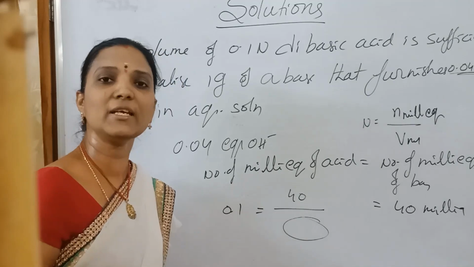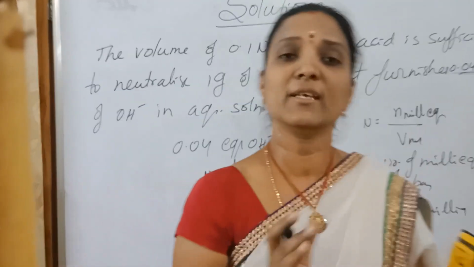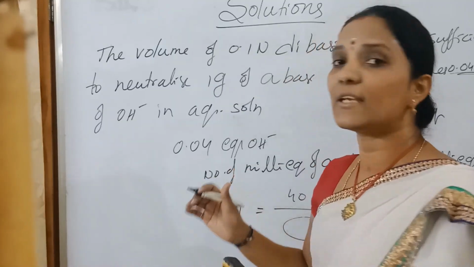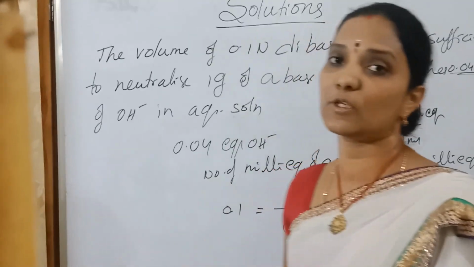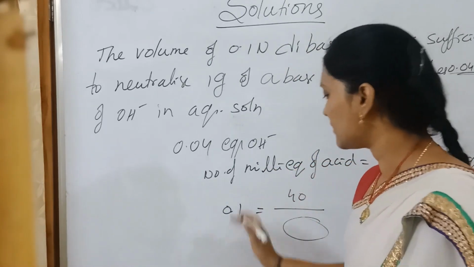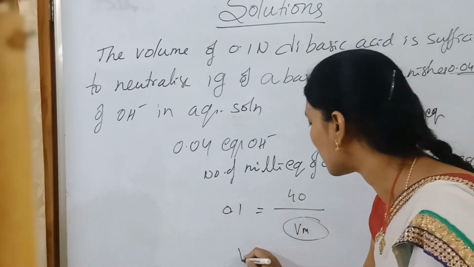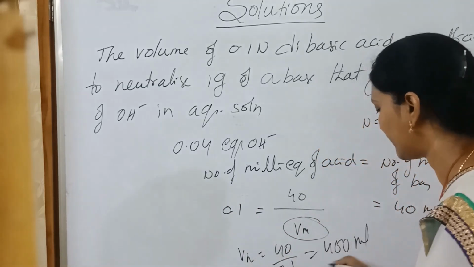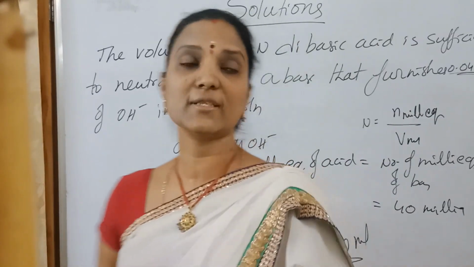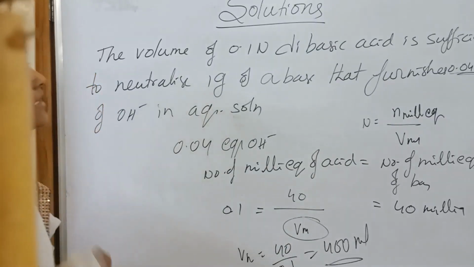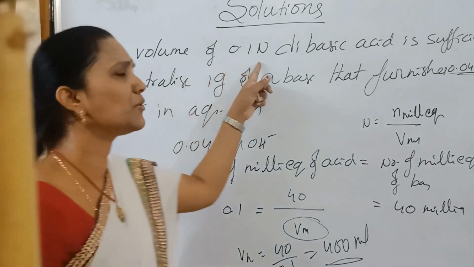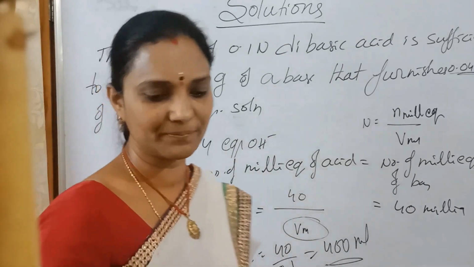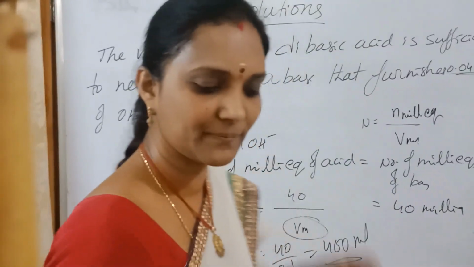In neutralization, instead of N1V1 = N2V2, very simply the milliequivalents of acid are always equal to the milliequivalents of base. So volume in ml = 40 / 0.1 = 400 ml. Yes or no? This is the answer. Whether the acid is dibasic or tribasic, only normality is given, so there is no need to check that, because we are taking equivalents. Okay, next problem. Solve that next one.